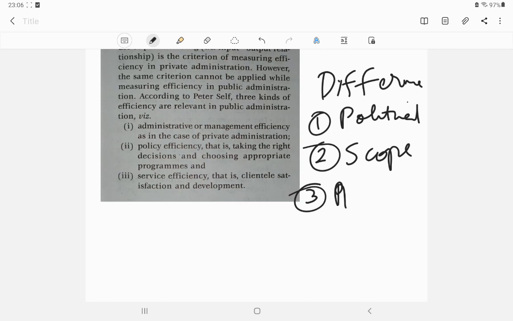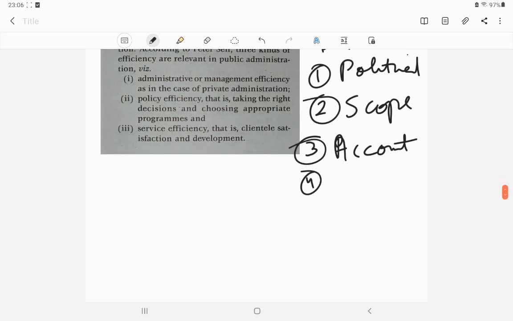Public accountability. Public administration is accountable to the people, whereas private administration is not accountable in the same way. Next, uniformity. Public administration is uniform and consistent, whereas private administration need not be consistent. Next, finance.